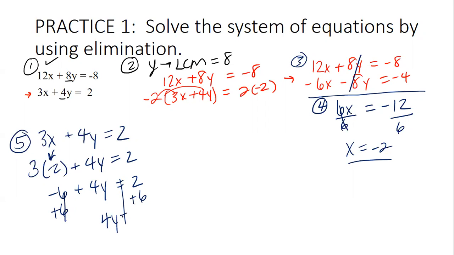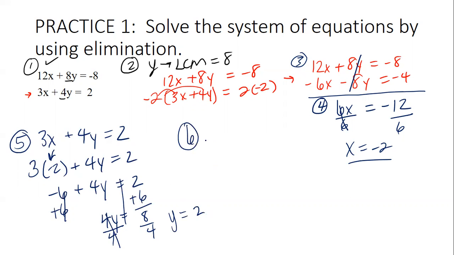That gives me 4y equals 8. And now what do I do? Divide. Okay, remember, before you can divide or multiply, if there's addition or subtraction in front, you have to get rid of that. So y equals what? 2.